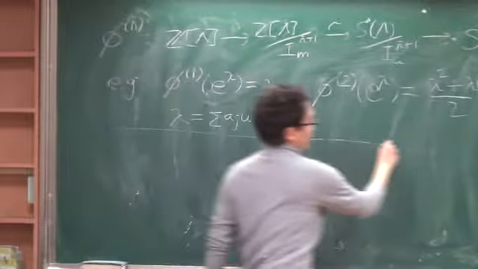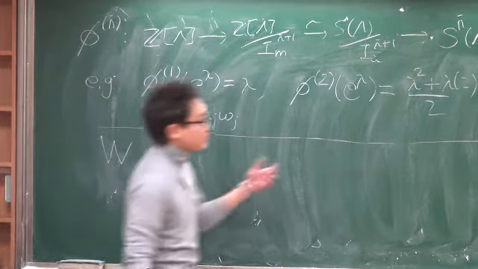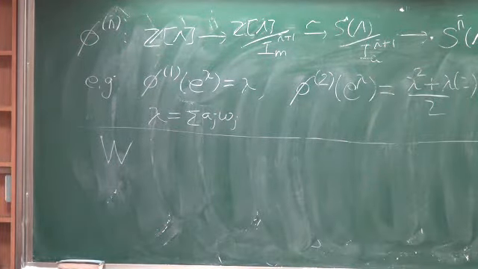Now we consider the case when a finite group W acts on this free abelian group Lambda.